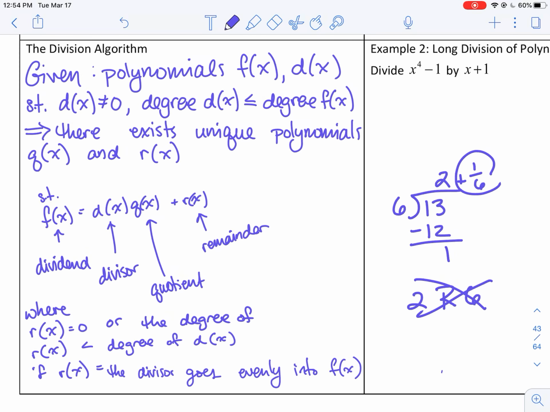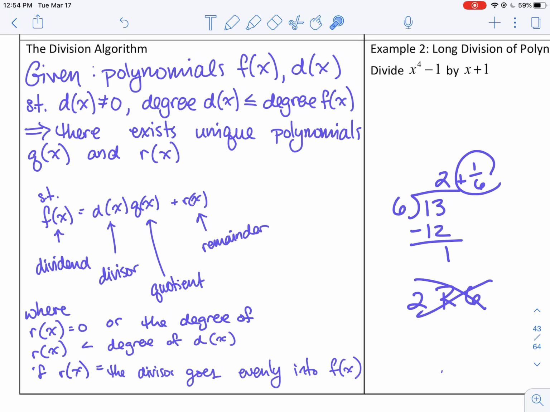So let's put this back into more mathy terms. So if we have our polynomials f of x and d of x such that d of x is not equal to 0, and the degree of d of x is less than or equal to the degree of f of x, that tells us that we have unique polynomials q of x and r of x such that f of x, our dividend (so here in this problem, 13 was our dividend), is equal to our divisor, that's 6 in this problem, times the quotient, that's 2 in this problem, plus the remainder, the 1/6, right?